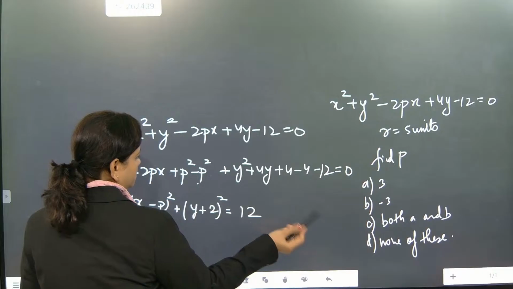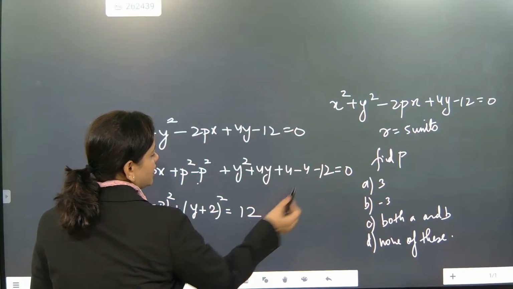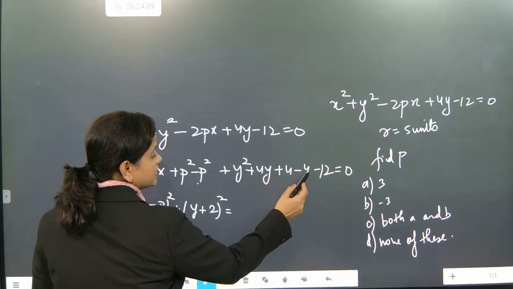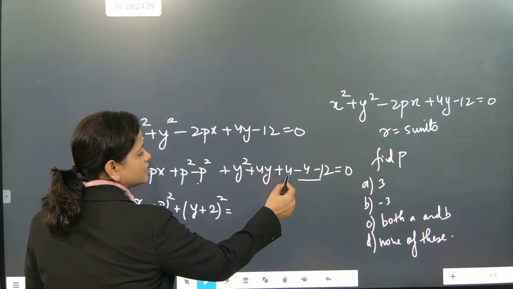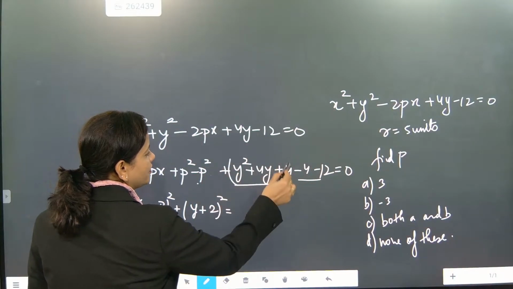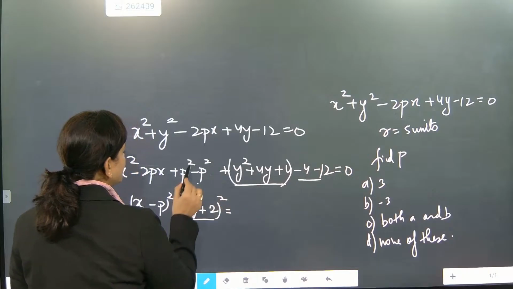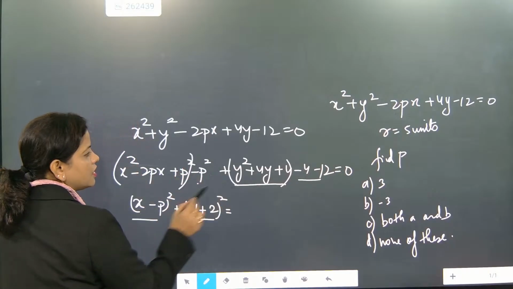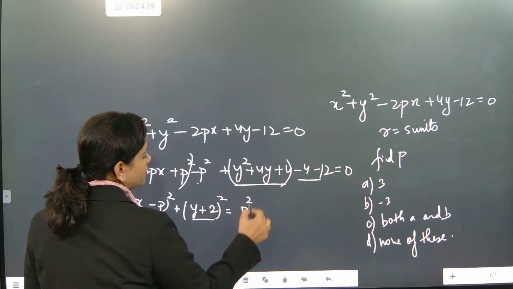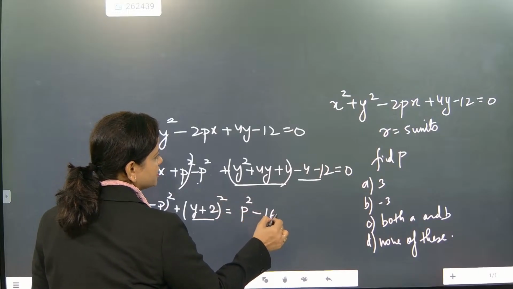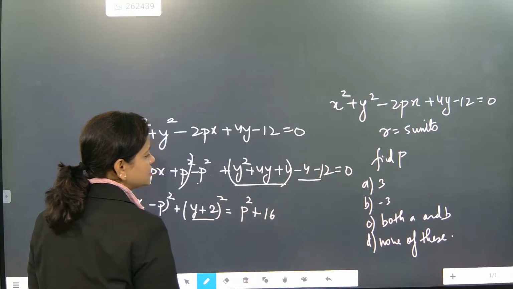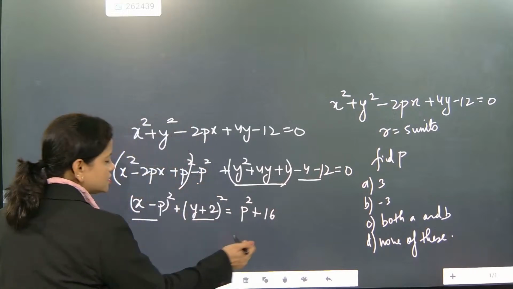Now shift this p square and the 4 to the other side: this p square will go that side, and it will become p square plus 16. So this part will come as plus 16.